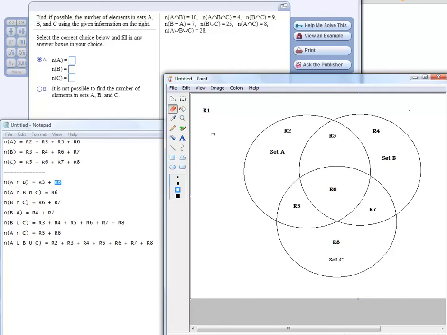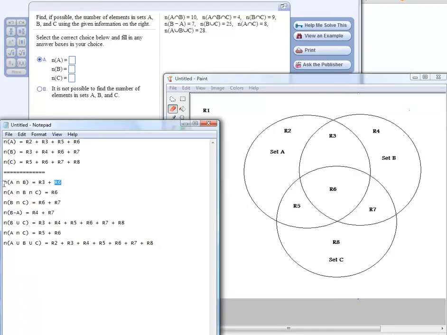Any elements out here are simply not going to be counted. Region 2 is the set of everything that's just in A and in no other set. R3 and R6 are the intersection of A and B, and look at that, the intersection of A and B is 10. So we can say that R3 plus R6 is equal to 10.